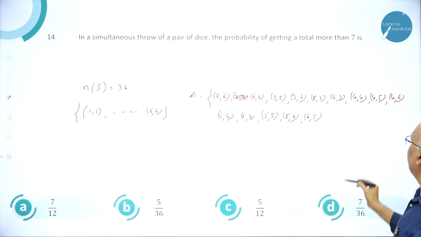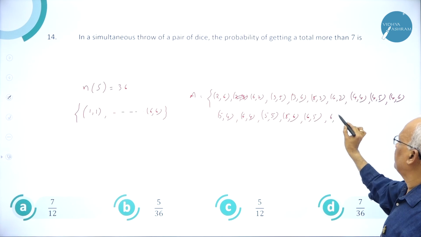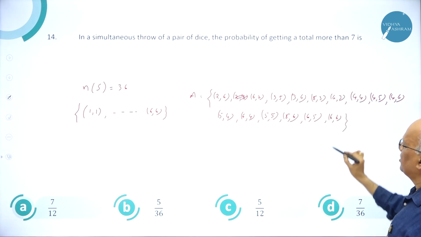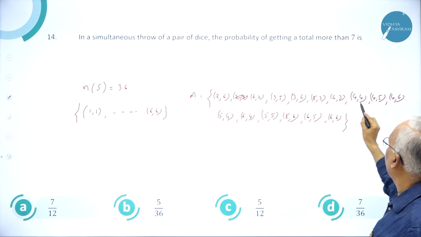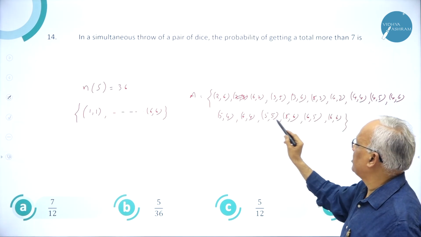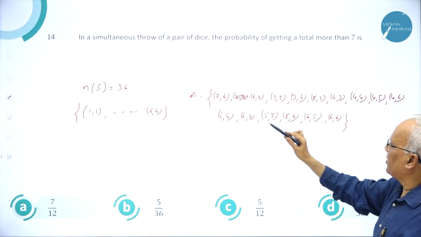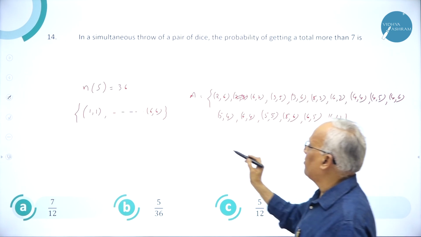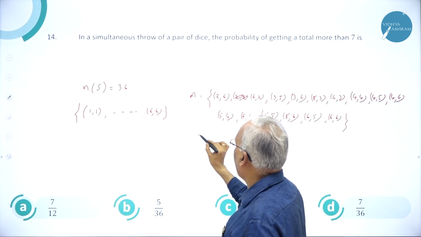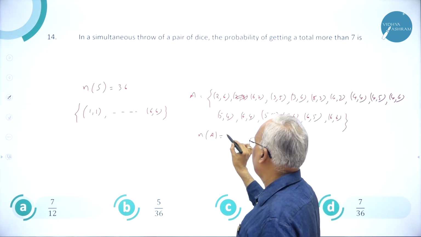And the last one is 6, 6. You count the number of elements in this: 1, 2, 3, 4, 5, 6, 7, 8, 9, 10, 11, 12, 13, 14, 15. If you write this way systematically, you don't miss any combination. Therefore, n of A is equal to 15.